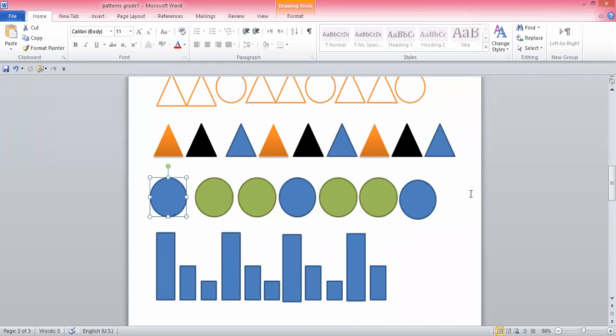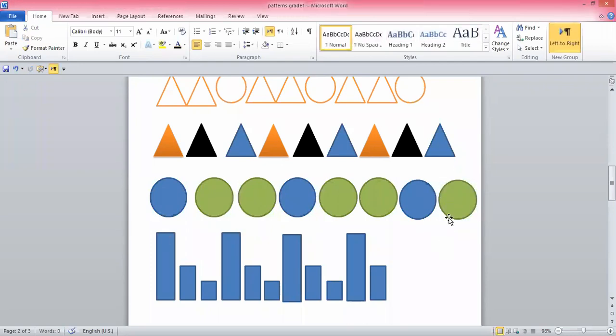There should be a green. Okay, after green, there should be one more green. Why? Because in the pattern, there are two green balls. Let's suppose if I draw this, and I ask you what comes after this green ball, you will say one more green.